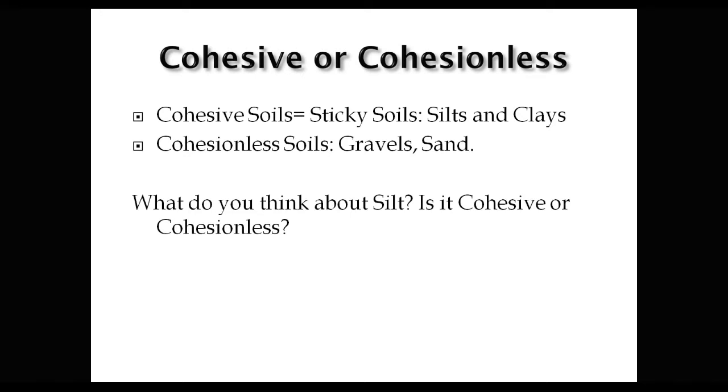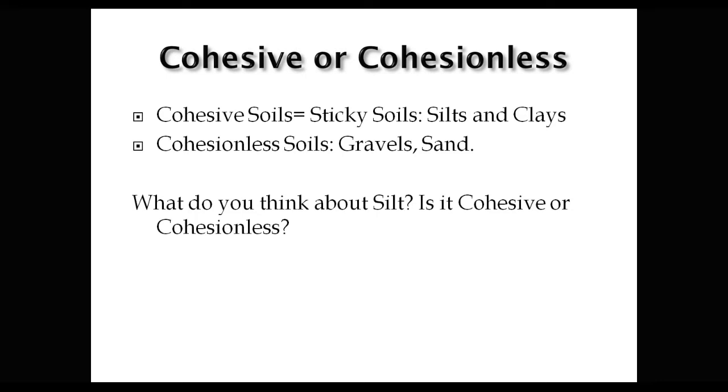So what is cohesive soil? Cohesive soil is just a sticky soil, and that would generally be a property of silts and clays. And cohesionless soil, as the name would suggest, doesn't have any stickiness associated with it. So silts and clays are cohesive, sands and gravels are cohesionless.